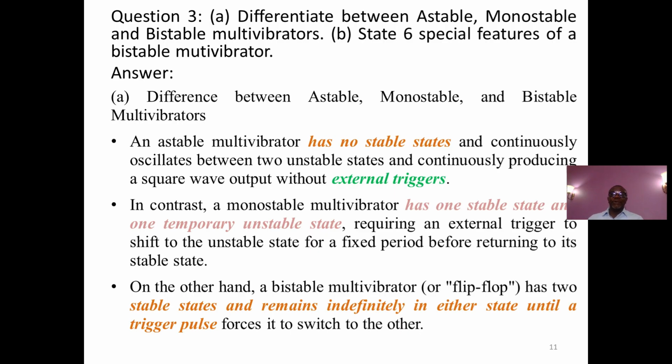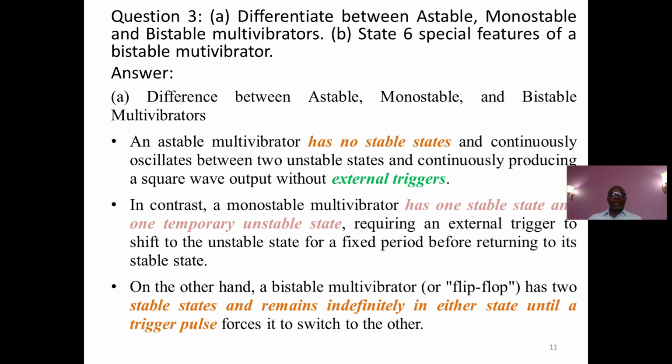The monostable multivibrator has one stable state and one temporary unstable state, and it requires an external trigger to shift to the unstable state for a fixed period of time before returning to its stable state.